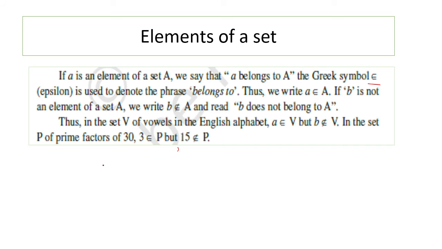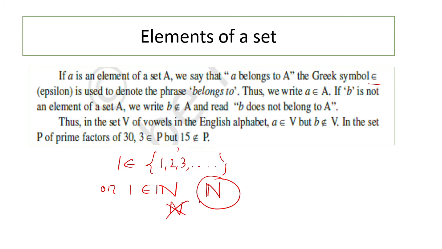If I say 1 is a natural number, I will write it like this: 1 belongs to the set of natural numbers. Again, I am saying don't write this N; this N does not represent the set of natural numbers. Just write it like this, this N represents the set of natural numbers.